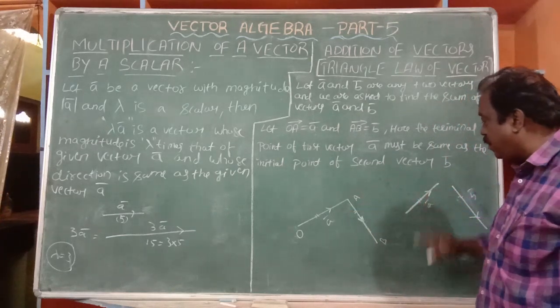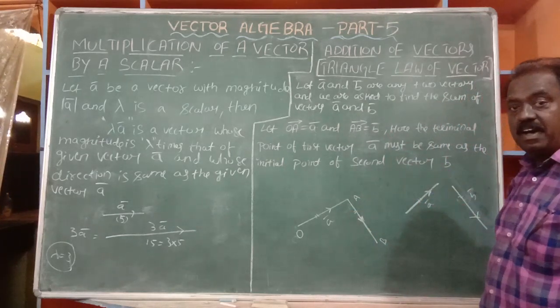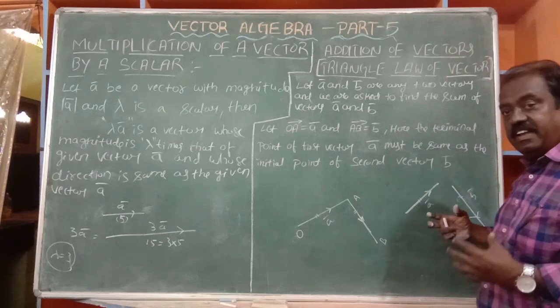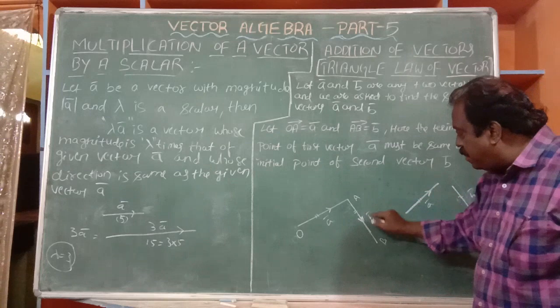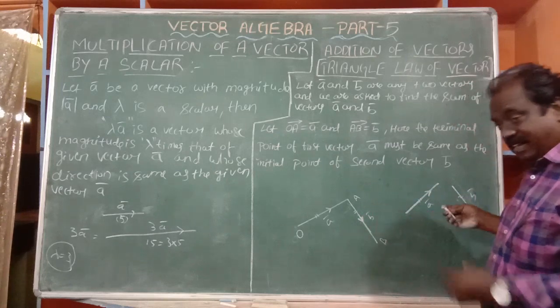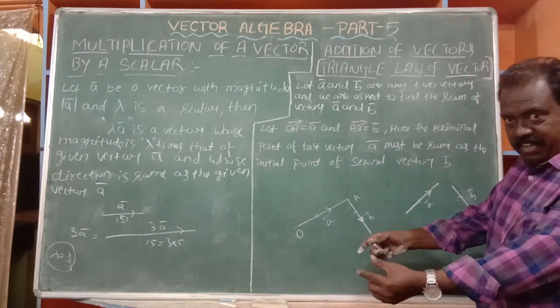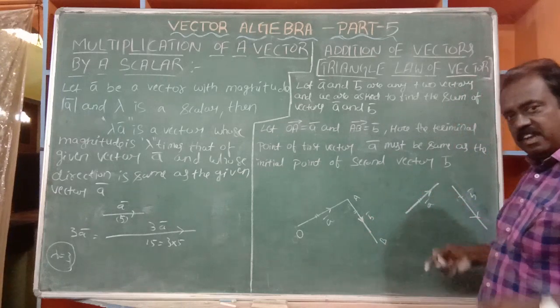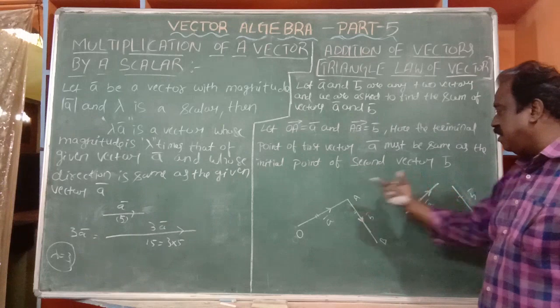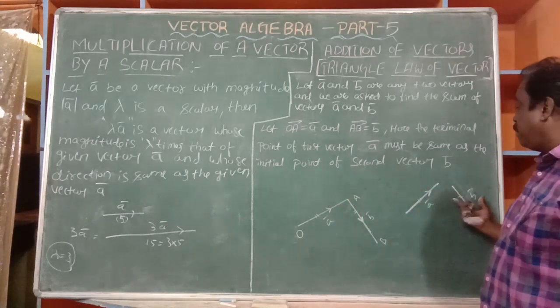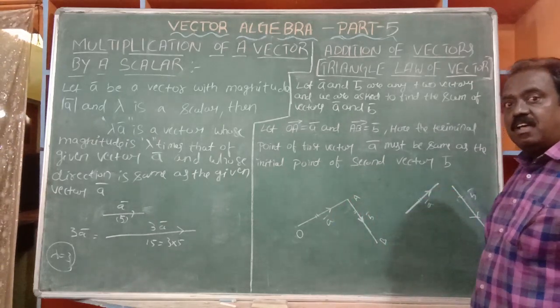A bar is the first vector, AB bar is B bar. For convenience, in order to make the sum of those two vectors, I am taking them not at the original place, but at some other place, but they are equal, same. That is the beauty of vectors. I am taking A bar here, and I am taking B bar as AB bar.